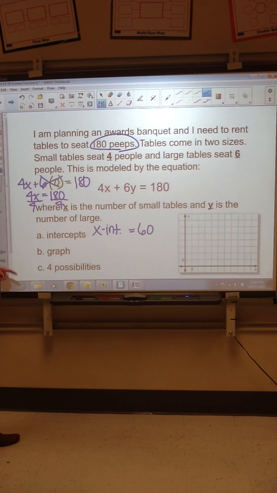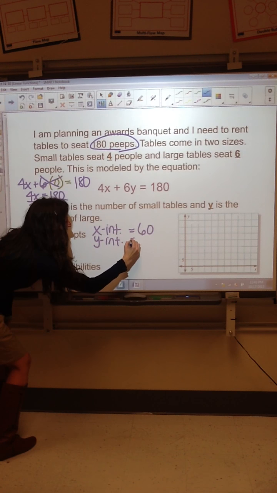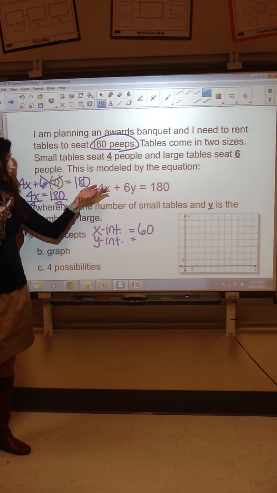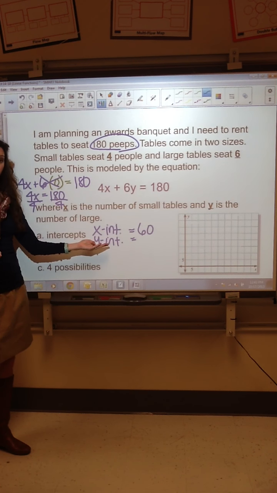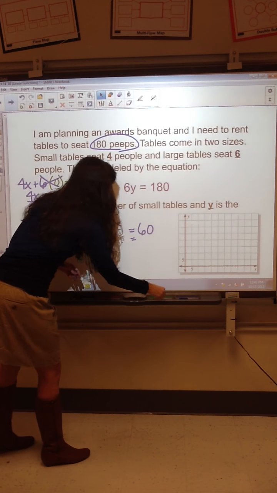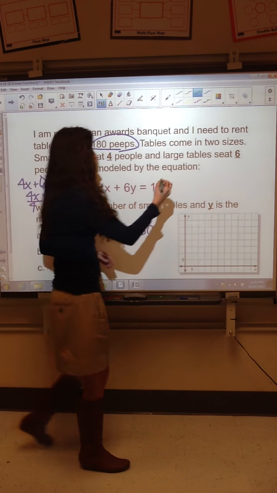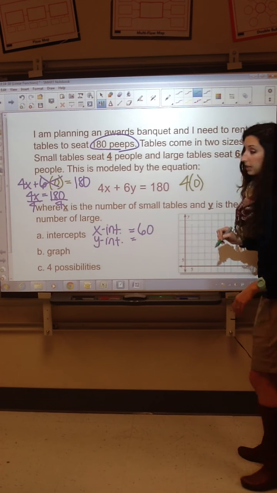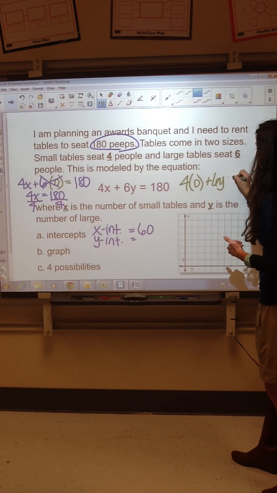Then we're going to do our y-intercept. The very same thing, only now we're plugging 0 for what letter? 0 for x, because I'm solving for y. I need my y-intercept. So, I'm going to write 4 times 0, I'm getting rid of my x, plus 6y equals 180.